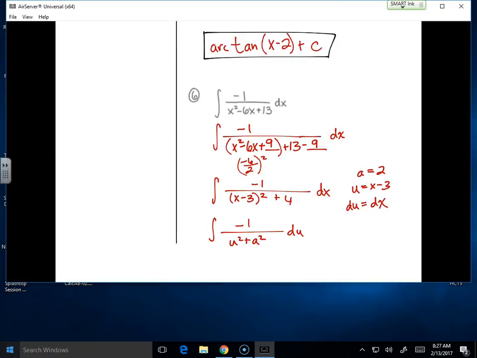At which point we can go straight to our formula, except the negative. I guess you could pull the negative out if you really want to. You would end up with -1 over a arctan, which is the same thing as tangent inverse of u over a, plus c.